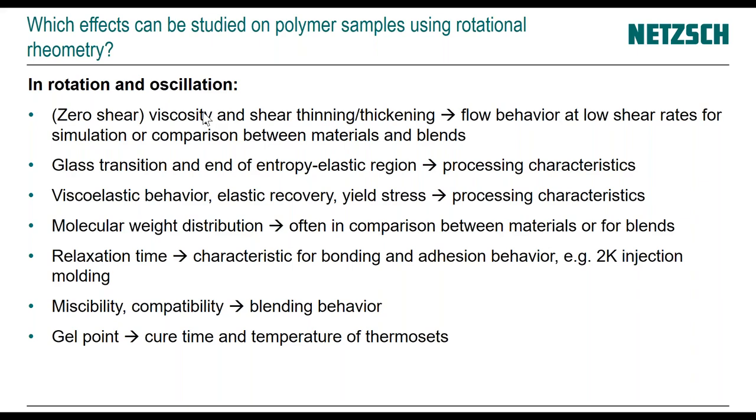When we think of recycling and blends, the molecular weight distribution is a very important information that we can get. Relaxation time as well, that has something to do with bonding and adhesion. And then, as I pointed out, miscibility and compatibility is one of the most important factors for blending behavior, because it already gives us an idea if something is compatible, it's very likely to also have the benefit in other properties like the mechanical properties.